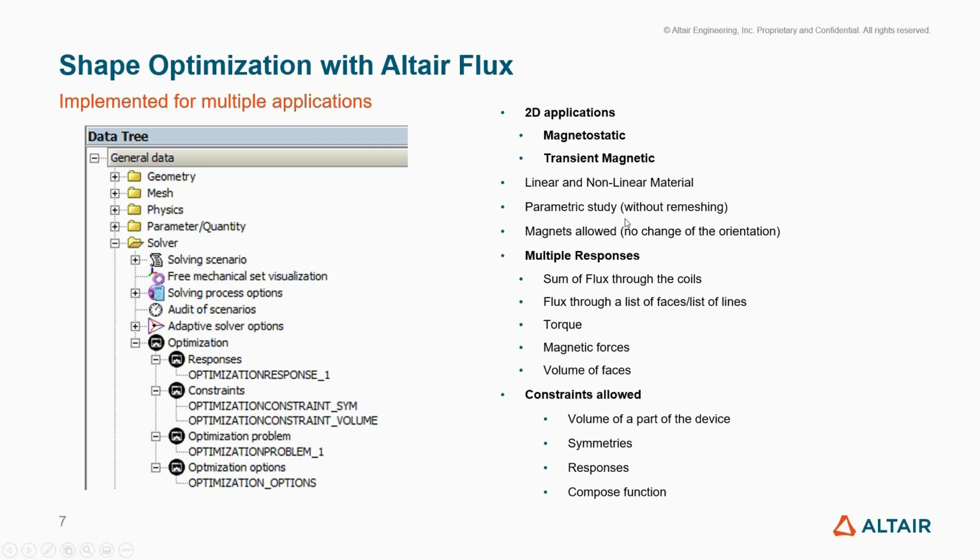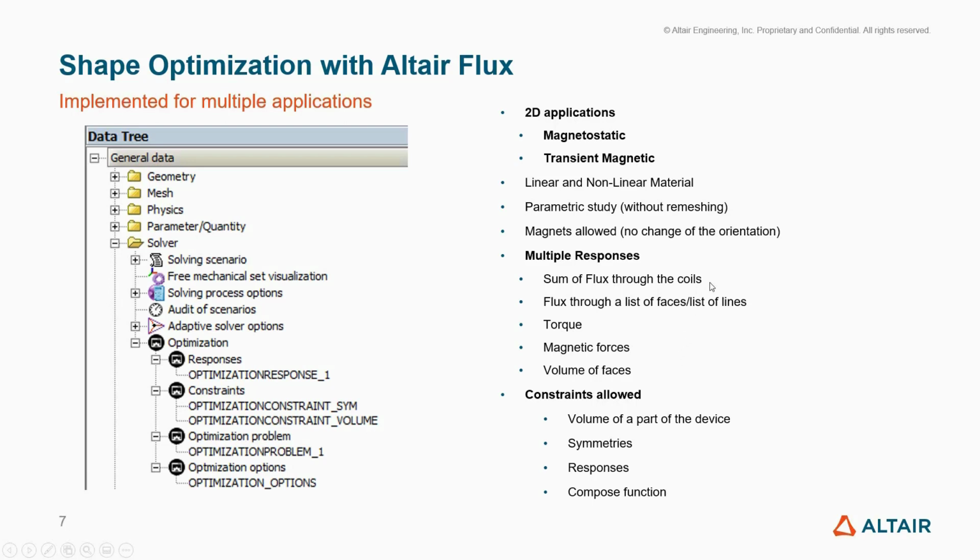Parametric study is also possible without remeshing. And the faces of the magnets can also be included for shape optimization, but the orientation of the magnetization cannot be changed. Under responses, we have several options to give as an input.